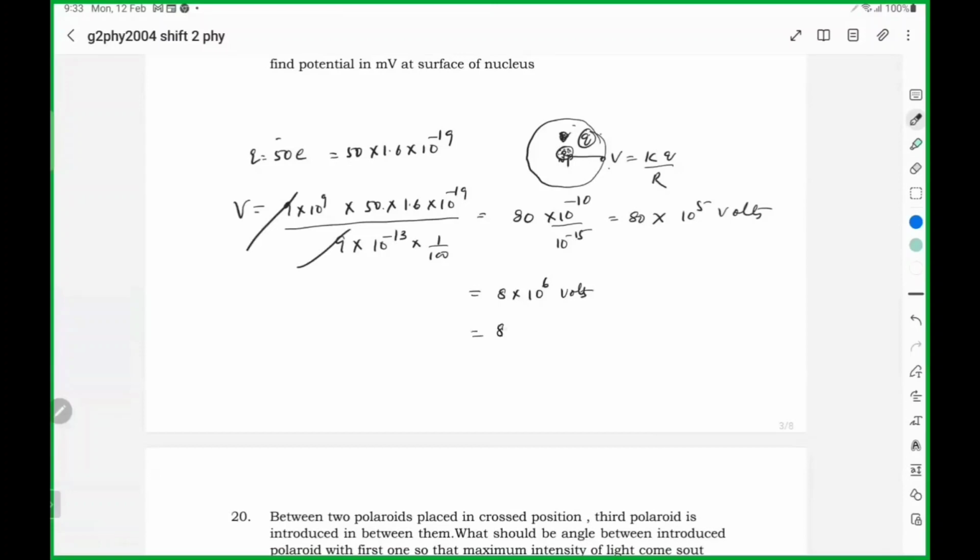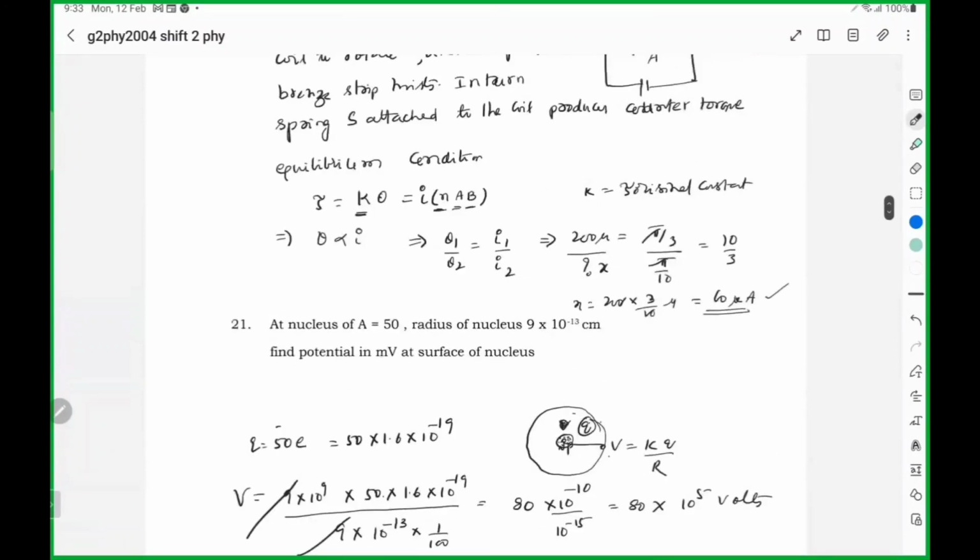So here it is 8 million volts, 8 megavolts. It should be capital M.